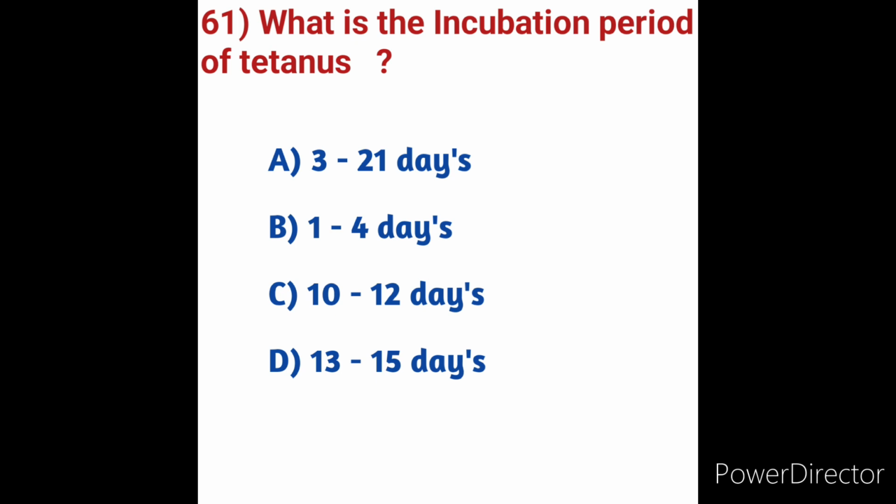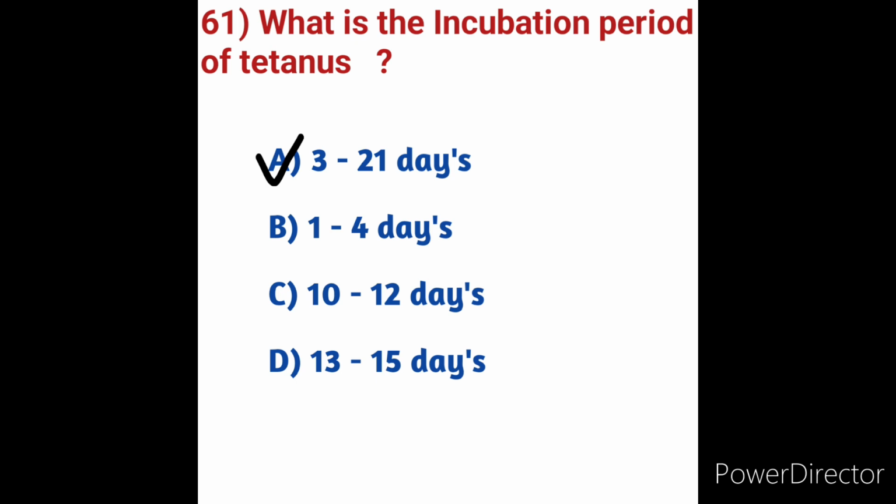Symptoms of tetanus usually develop 4 to 21 days after infection, and on average they start after around 10 days. The main symptoms of tetanus: stiffness in the jaw muscles, locked jaw, which can make opening your mouth difficult. So here in these options, for the incubation period of tetanus, option A, 3 to 21 days, is the correct answer.